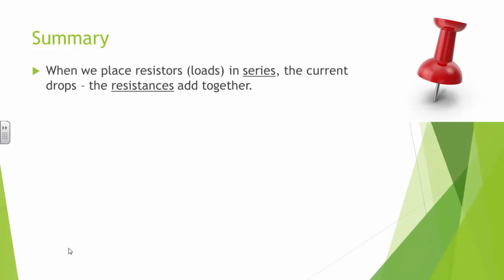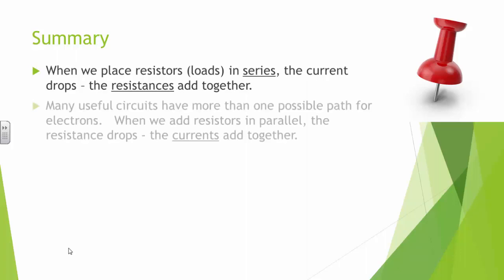Let's sum up. When we place resistors in series, the current drops. Resistances add together. There's lots of useful circuits that have more than one possible path for electrons. We call them parallel circuits, and the overall resistance will drop.